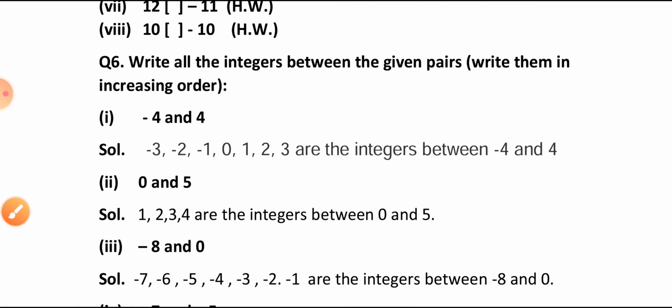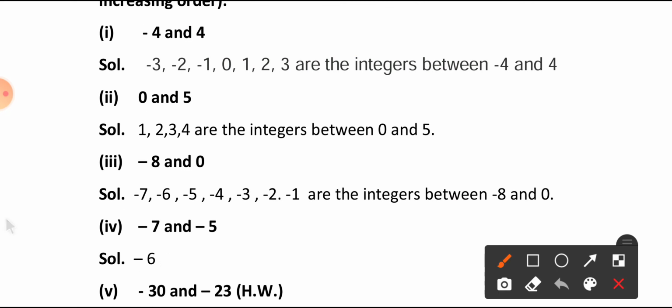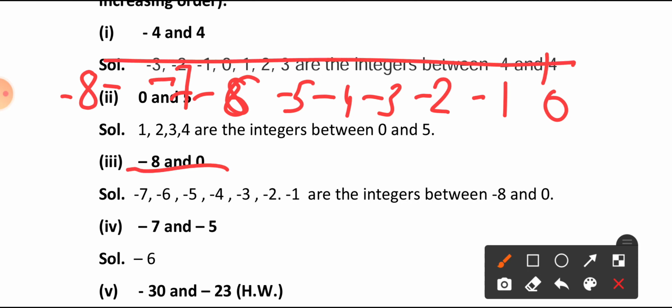Then the third one, minus 8 and 0. So here you have to start from minus 8. Here 0 is given, means 0, minus 1, minus 2, minus 3, minus 4, minus 5, minus 6, minus 7, minus 8. And we have to write the integers which come between minus 8 and 0. You can see on the number line also.